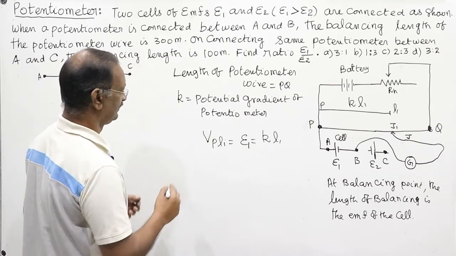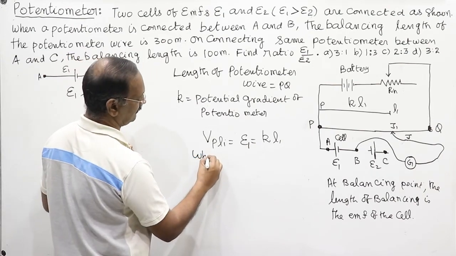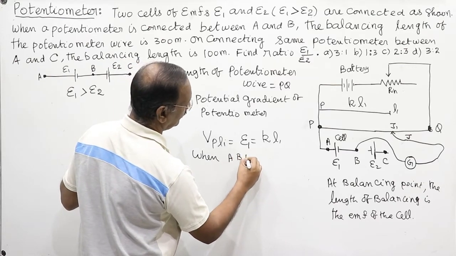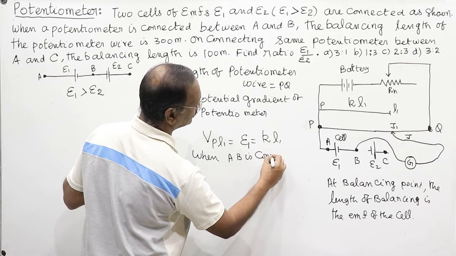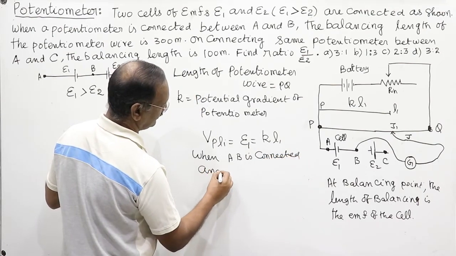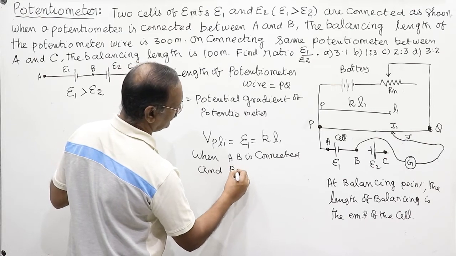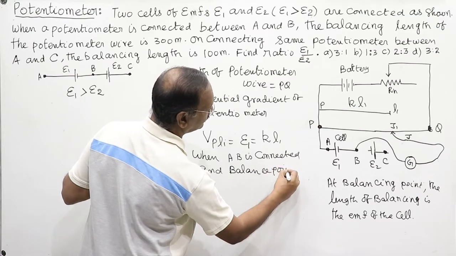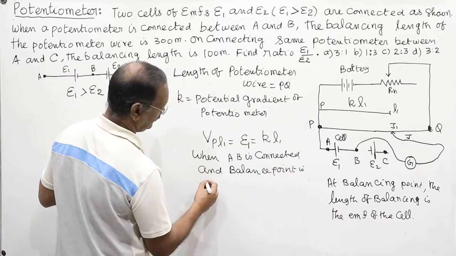First condition, that is when AB is connected and balance point is found.